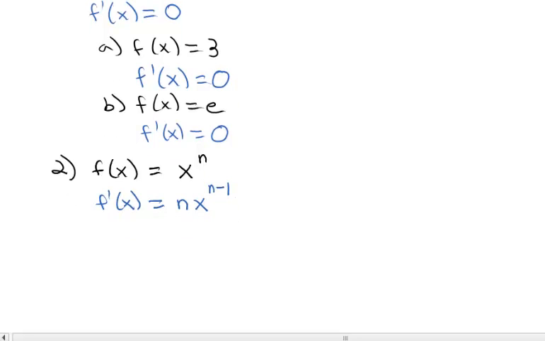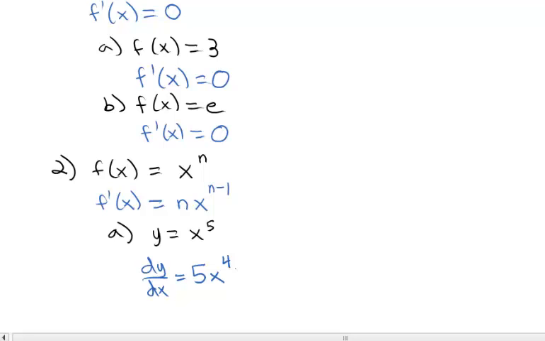So, for example, if y equals x to the fifth, dy dx, the derivative, we can take the 5 and move it out front, and then drop the exponent by a single digit. So the derivative of x to the fifth is 5x to the fourth.